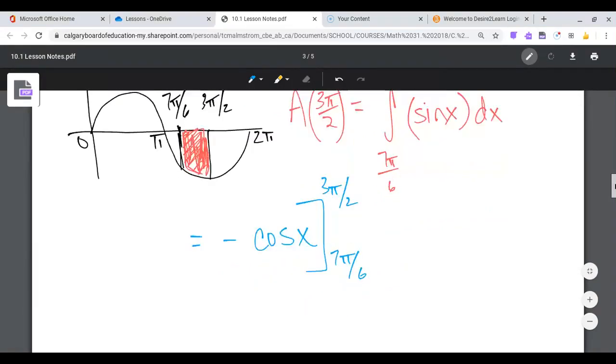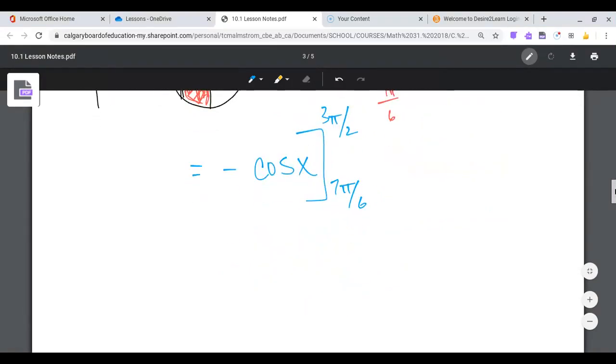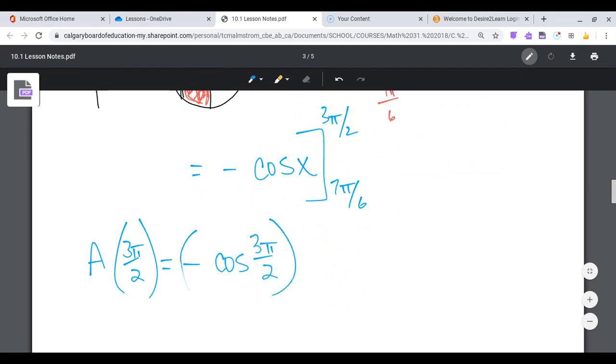So we're going to plug that in. So we have our area equal to negative cos 3π/2, this whole thing, subtract, bracket, make sure you're careful with your brackets, negative cos 7π/6.